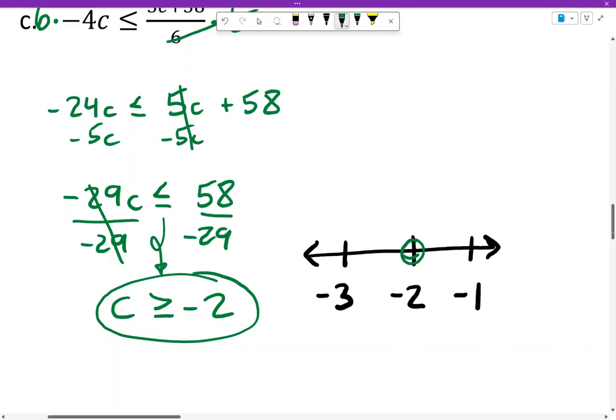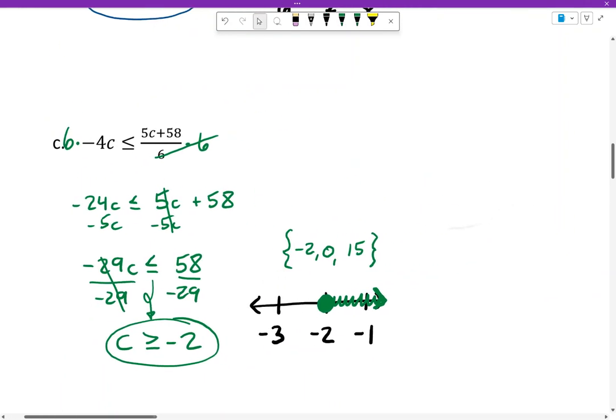We need a filled in circle at negative 2 because we're including it in our solution, and we will shade greater than negative 2. So for our 3 numbers, let's go ahead and throw negative 2 in there. How about 0 and 15? Those are all numbers greater than negative 2.